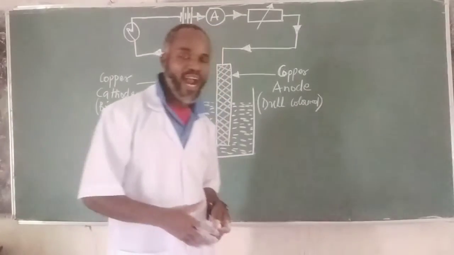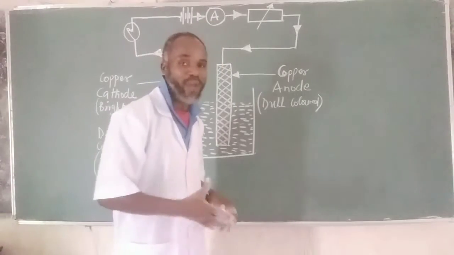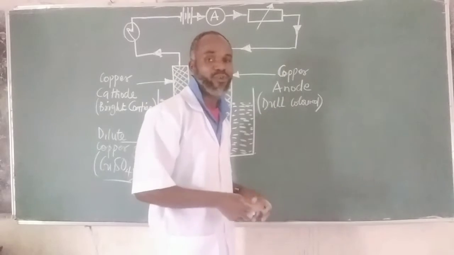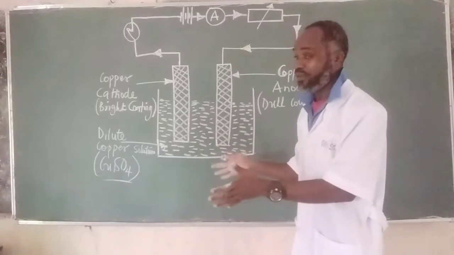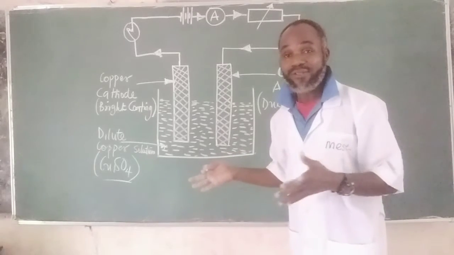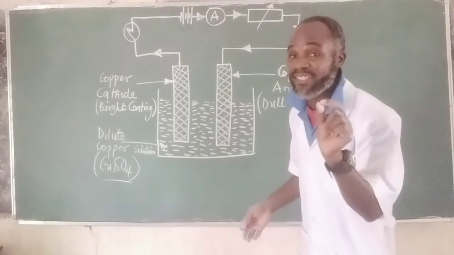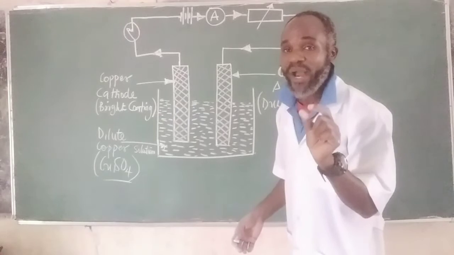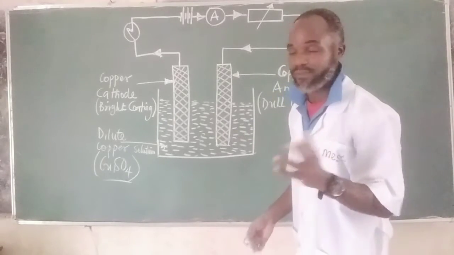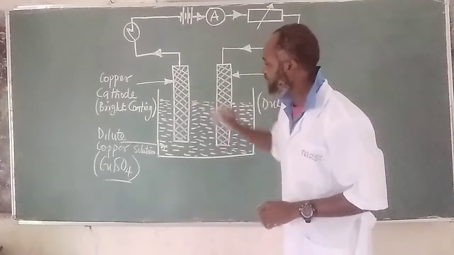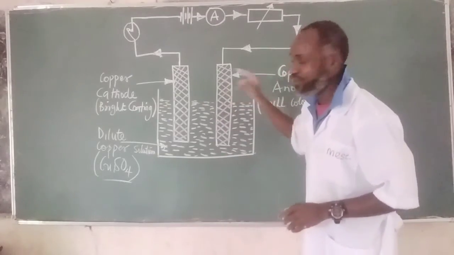We want to find out or learn what happens when copper sulfate solution undergoes electrolysis. It means what we are going to learn now is electrolysis of copper sulfate solution using two copper electrodes, copper electrode 1 and copper electrode 2.